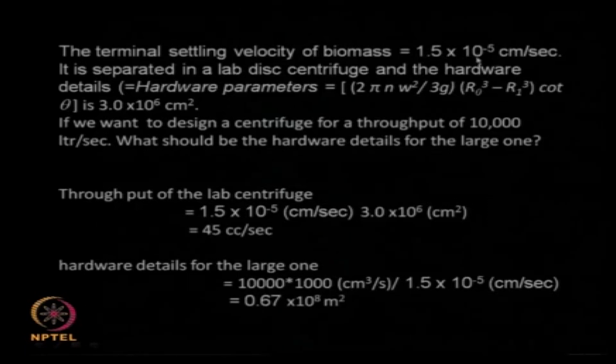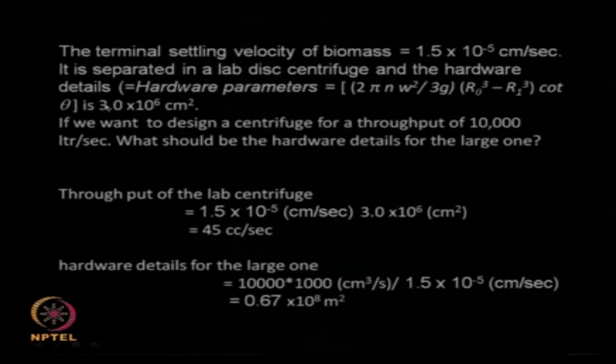The terminal settling velocity is also given, 1.5 into 10 power minus 5 centimeter per second. So the throughput divided by the terminal settling velocity will give you the hardware details for the large centrifuge, okay.